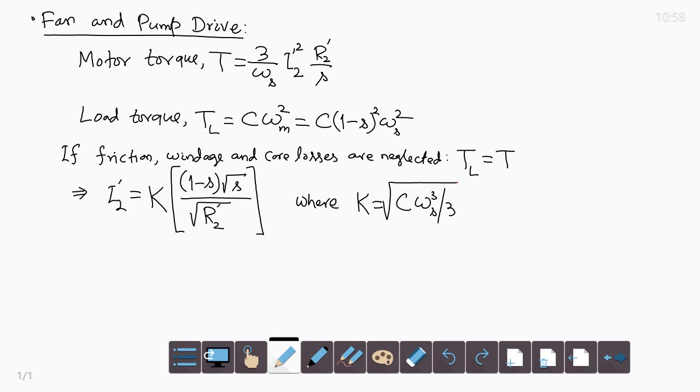If no load current is neglected, stator current I1 equals I2 dash.